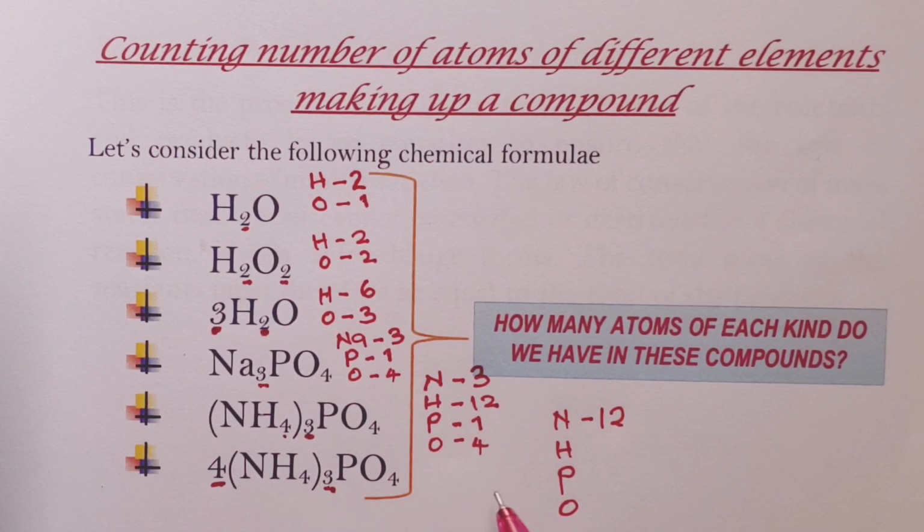For hydrogen, we will have 12 multiplied by 4, and that gives a total of 48 hydrogen atoms. 3 by 4 is 12, by another 4, 48. Phosphorus remains 1 and oxygens remain 4.